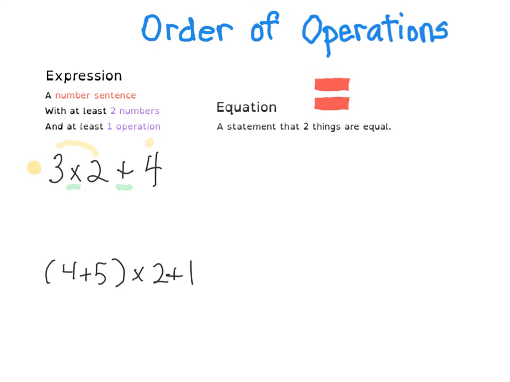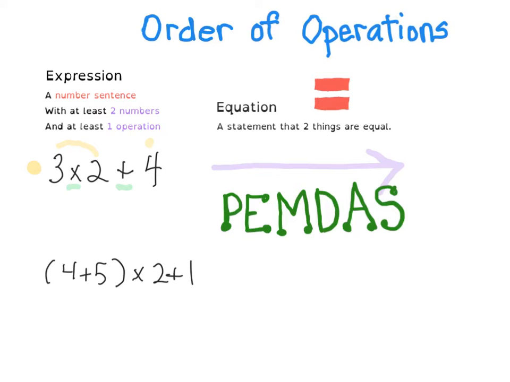Now, normally when solving a number sentence, just as you're reading a sentence, you work from left to right. But there are a set of rules that may change the order of operations. This set of rules is called PEMDAS, or Please Excuse My Dear Aunt Sally. PEMDAS.